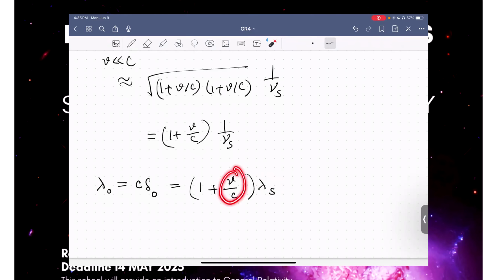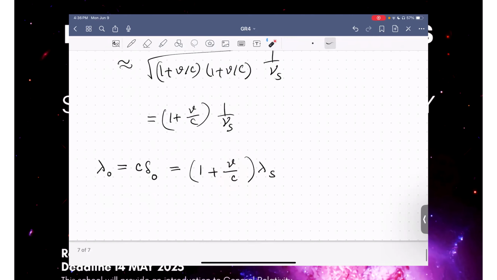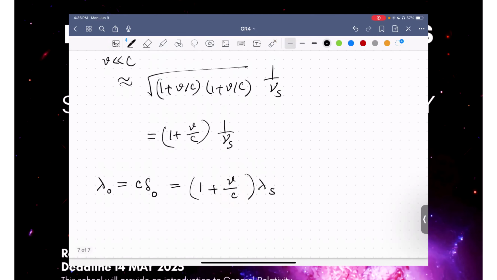It is larger by a factor of v over c. So if v is very small relative to c, this factor is quite small. So it gets dilated slightly. So the wavelength becomes slightly larger, which is why it's called a redshift, right? Because red light has the highest wavelength in the visible spectrum. Okay, so this formula, I assume that you already knew.